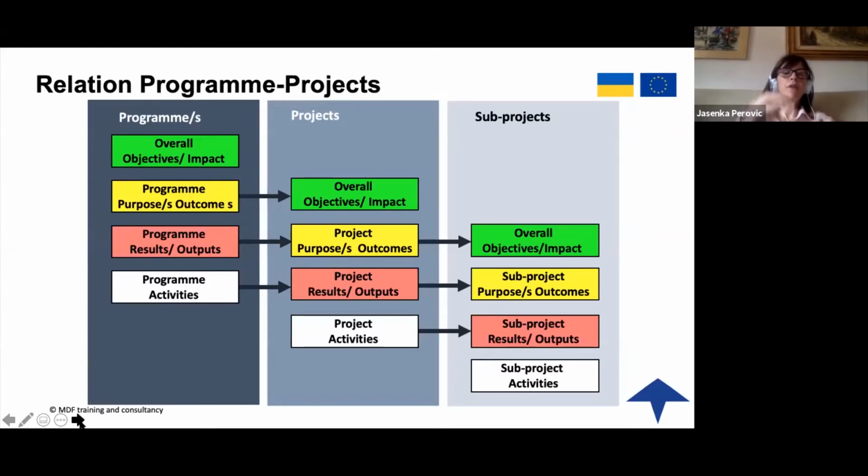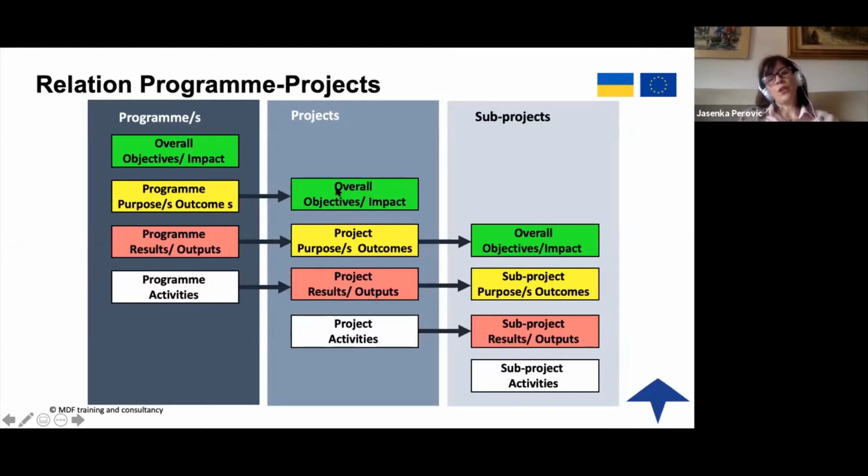The program has the overall objective, which is written, then there are program purposes, outcomes, or sometimes they are defined as specific objectives. Then the next level is the program results or the outputs, and then program activities. In the guidelines for applicants, you have all of these elements clearly written and defined.